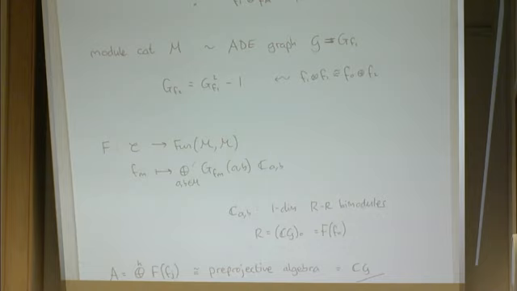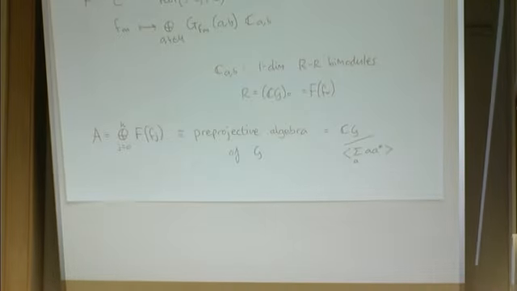And then we can construct an algebra by applying this functor F to the sum of all simple objects in your category C, and this is isomorphic to the preprojective algebra of G. For me, I want to think of G as just a graph, not as a quiver, and so my relations are the same relations that Karen wrote down for the preprojective algebra.